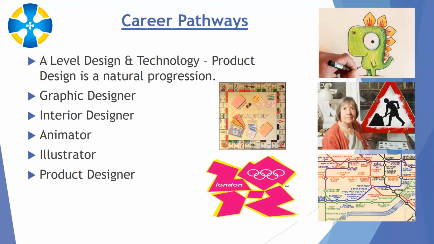So you might be the next Wally Olins. You might have a great idea of how to communicate health and safety through signage and road signs and road networks like Margaret Calvert, or you might have a great way of sharing navigational skills such as Harry Beck and his London Underground map.